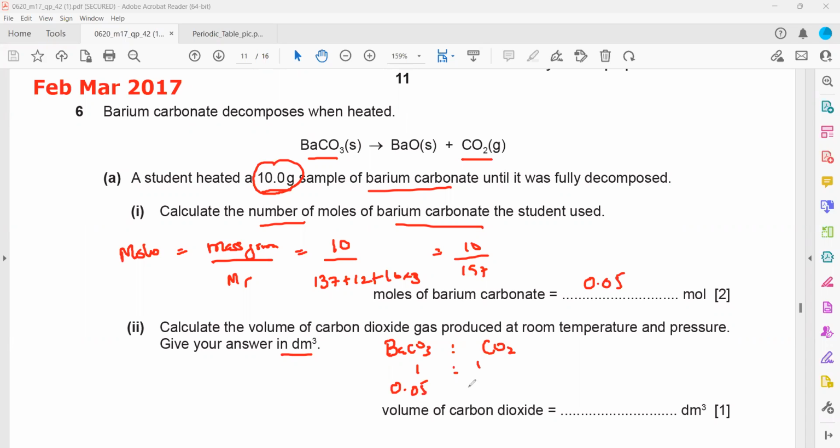If we have 0.05, this will be X mole, so that will be 0.05 mole. Now we have moles equal volume of the gas divided by 24, so 0.05 times 24 is 1.2. And that will always be in decimeter cube, because if it was in cm cube, then it would be 24,000. So this is 1.2 decimeter cube.